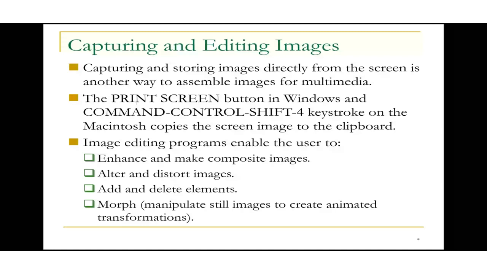And then here it also says how we can do the same process on Mac computers. You press four buttons together: Command, Control, Shift, and the number 4. If you do that, then you capture the screen as it is. Whatever you are seeing on the screen is captured as an image.